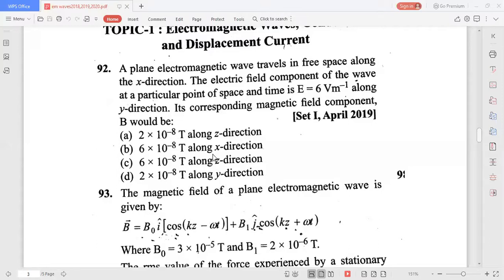In the medium, E2 bar is equal to E02 x cap cos k(2z minus ct), where wave number is k and frequency nu refers to their values in air.